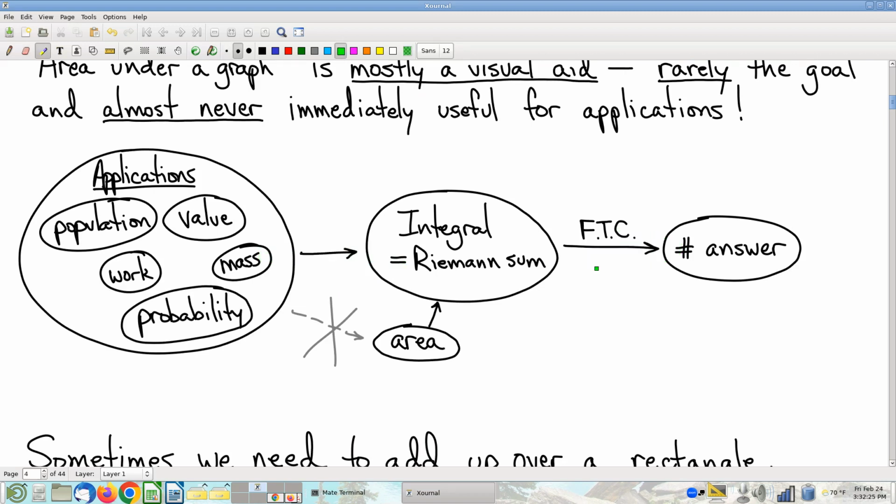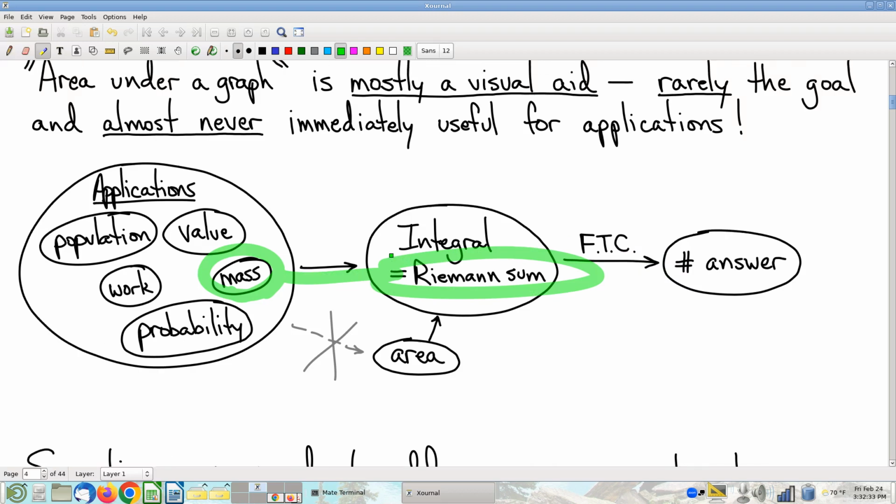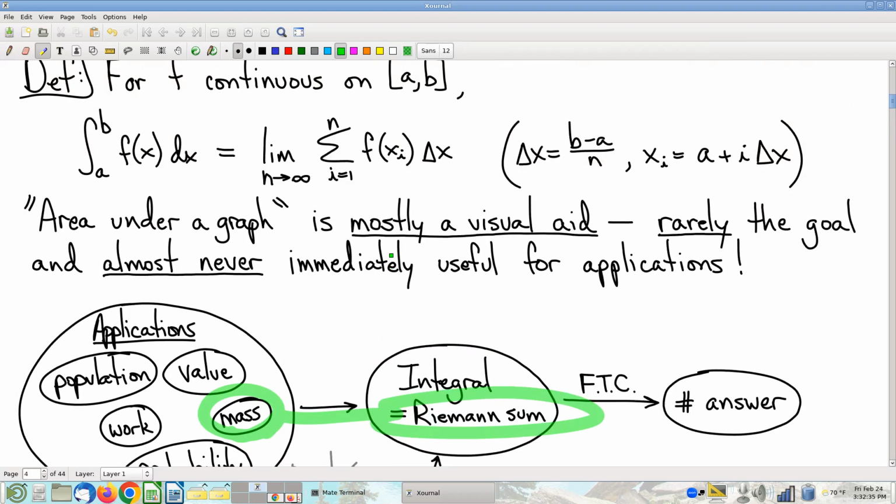So for example, I can take an application question like the mass of a rod, and I can say, hey, the whole is the sum of the parts. That's perfectly reasonable. I can talk about mass per unit length times length, computing the mass of a little piece of my one-dimensional metal rod, and then I can add those all up. So Riemann sums make perfect sense for that application.